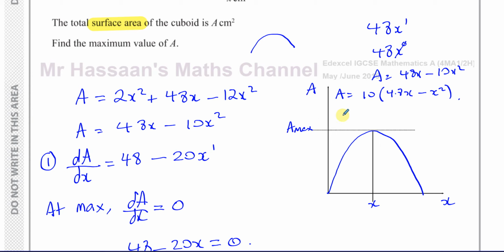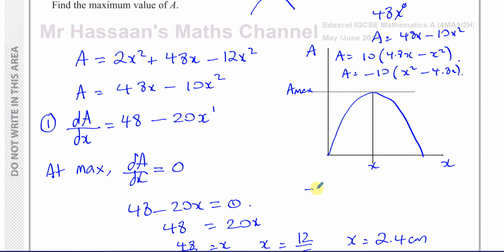Then we have to try to complete the square for this. In fact, we'll take out minus 10 from here. So you have minus 10, and this will be x squared minus 4.8x. And when we complete the square, we have minus 10, and you're going to have x minus half of this coefficient, which is 2.4, squared, minus, and because we have taken 10 out of the whole thing, I'm going to have a bracket here for the whole thing.